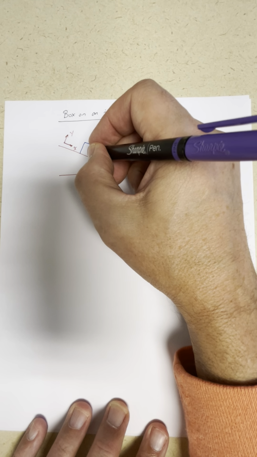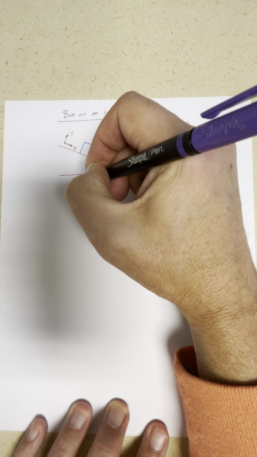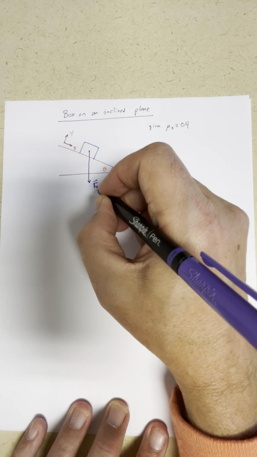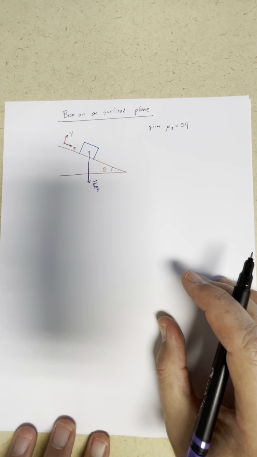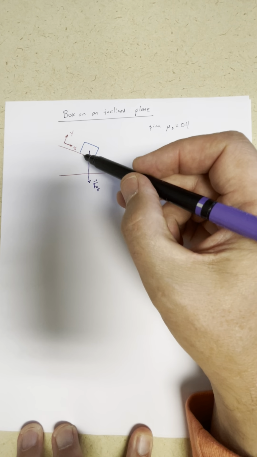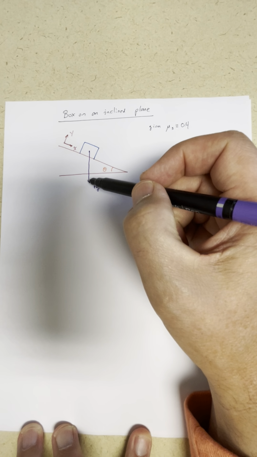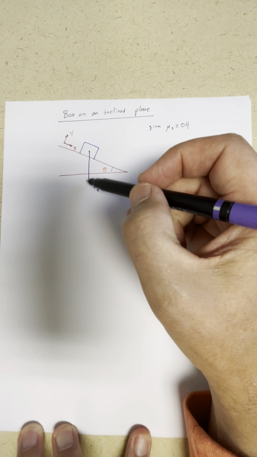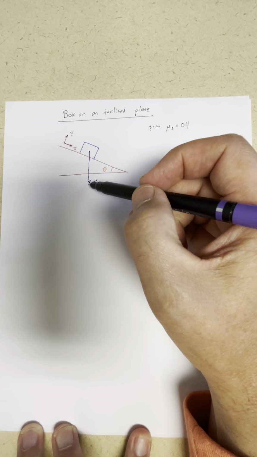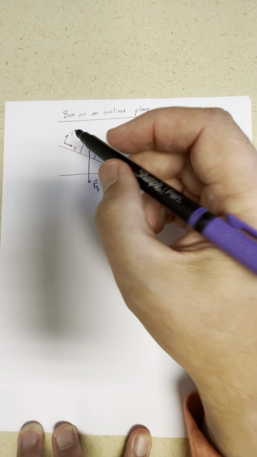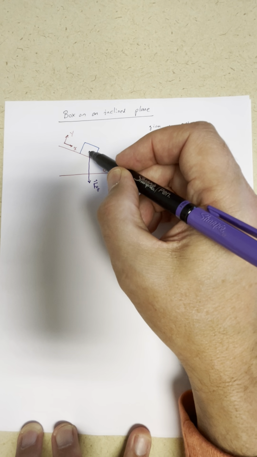So I'm going to put a vector straight down for the weight. Now what we want to do is drop a perpendicular to make this weight be the hypotenuse of a right triangle.